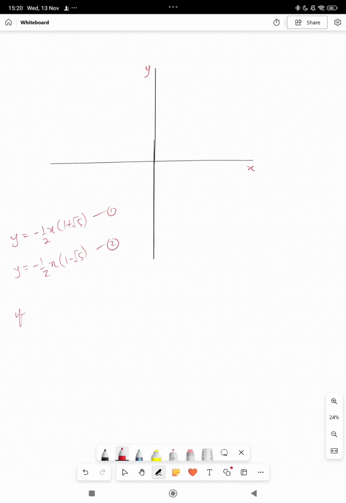So if x equals 1 for the first one, we'll have y equal to (-1 + √5) all divided by 2. Now, square root of 5 is approximately 2.2, so we have (-3.2) divided by 2, which is going to give us -1.6, I think.